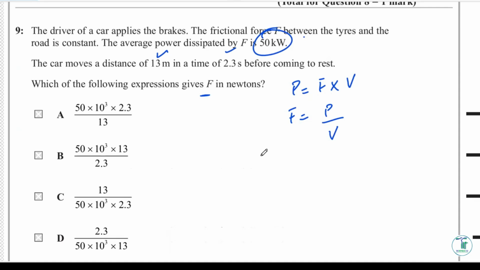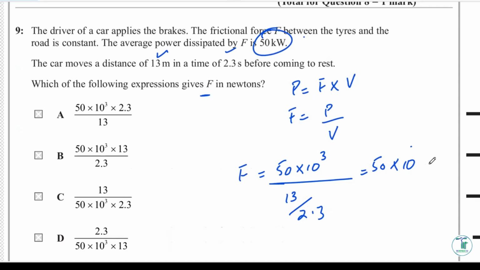So I'm just going to plug their values in. The power must be 50 times 10 raised to the power of 3, and the velocity must be 13 divided by 2.3. This 2.3 could get into the numerator. So 50 times 10 raised to the power of 3 times 2.3 divided by 30. That is how you'll calculate the final force. Is that clear?